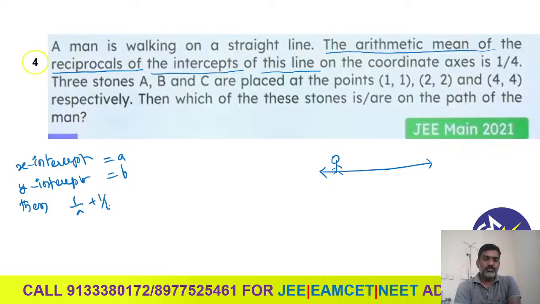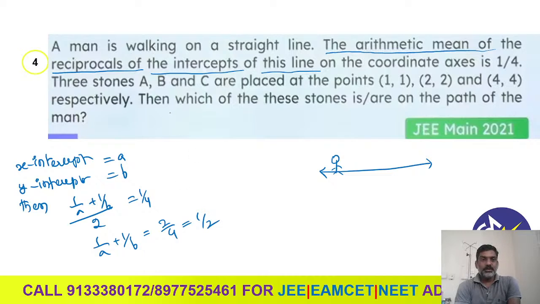Reciprocals 1 over a and 1 over b. Their arithmetic mean, 1 over a plus 1 over b whole divided by 2, is 1 over 4. That means 1 by a plus 1 by b is equal to 2 divided by 4, that is 1 by 2. So we are getting 1 over a plus 1 over b equals 1 by 2, one of the conditions.